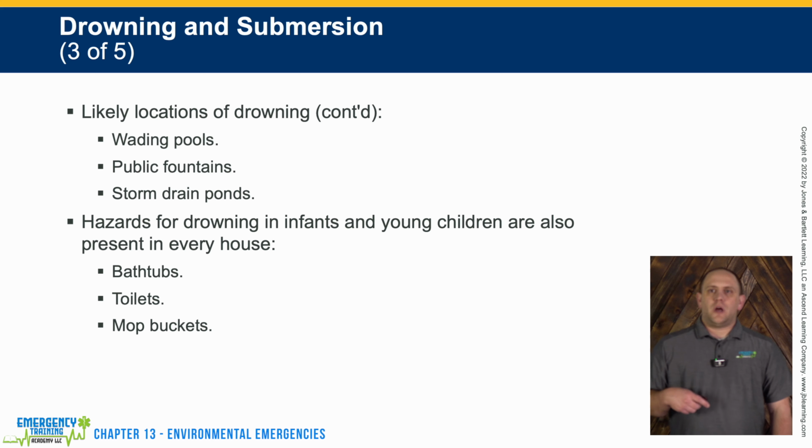Some of the hazards for specifically our young children that we need to pay attention to, like I said, any amount of water, any location. So our bathtubs, even toilets, mop buckets, anything like that can be a hazard for young children.